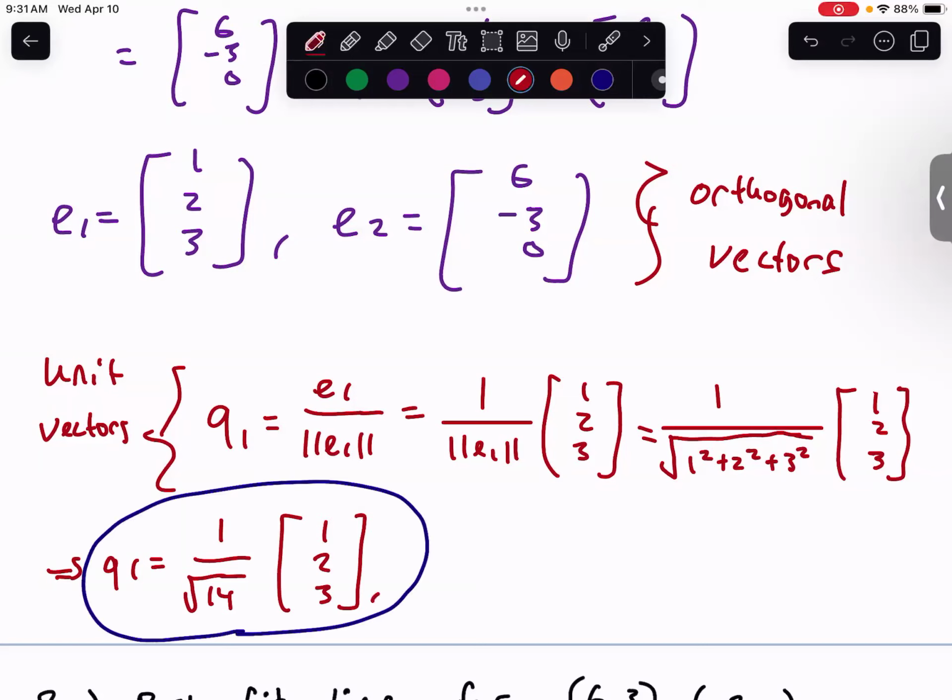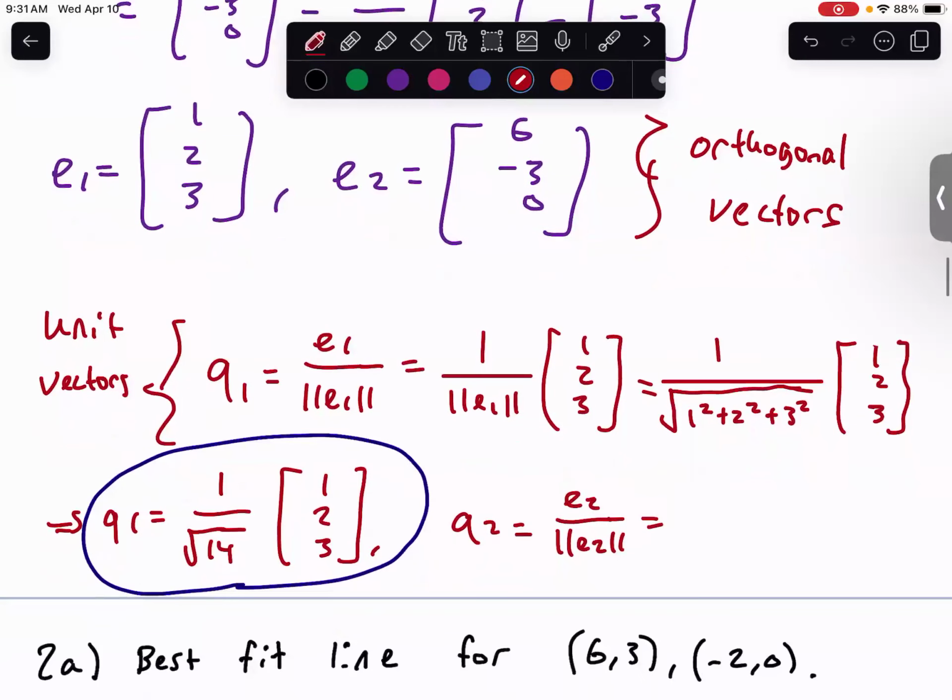Then the other is just going to be Q2, which is derived in a similar way. So this is going to be E2 divided by the length of E2, where the length of E2 ends up being the square root of 45. So this ends up being 1 over the square root of 45 times 6, minus 3, 0.